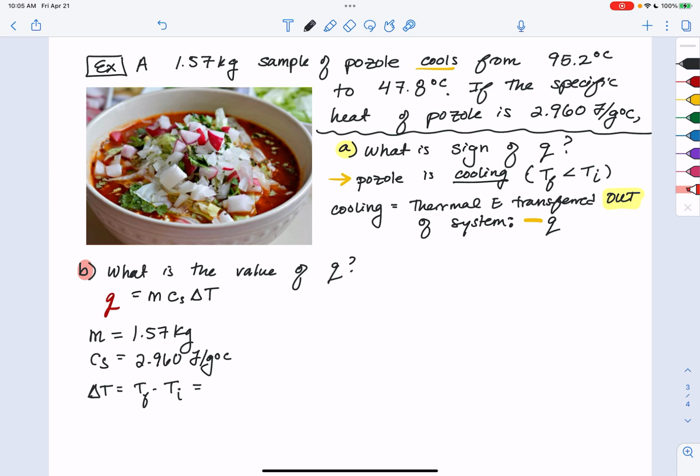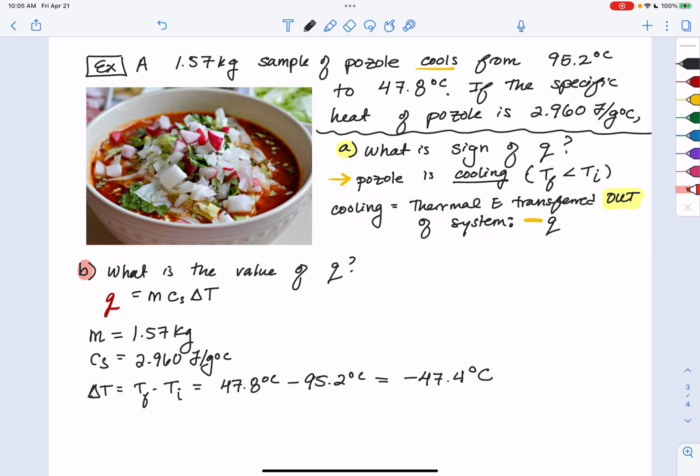My final temperature was 47.8 degrees Celsius, and my initial temperature was 95.2 degrees Celsius. So doing that difference, 47.8 minus 95.2 gives us a negative 47.4 degrees Celsius.